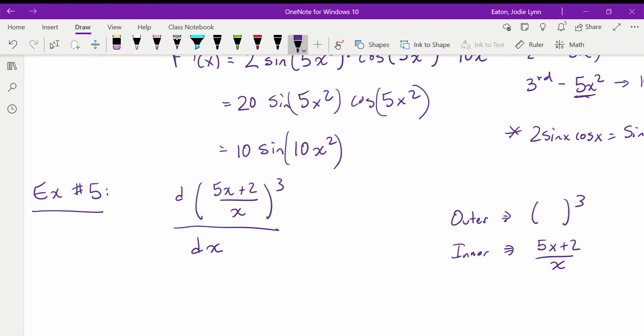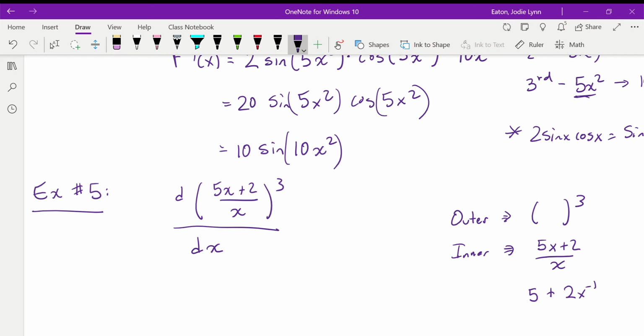It is a quotient of functions, so in the end we will need the quotient rule, or we need to rewrite everything as powers. If you wanted to rewrite it as powers, you could rewrite this as 5 plus 2x to the minus 1, which I actually find quite a bit easier.